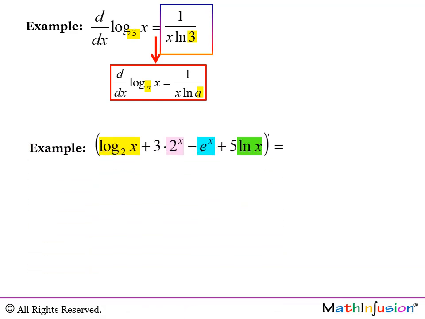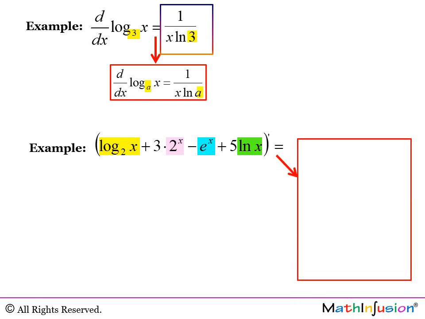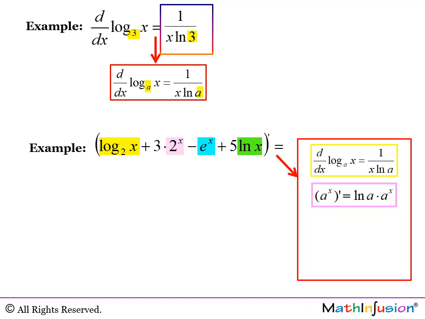Example: let's differentiate log x base 2 plus 3 times 2 to the x minus 3 to the x plus 5 times ln of x. Because of the sum rule, we just have to differentiate each one of them. Here is the first one, here is the second, here is the third, and here is the fourth.